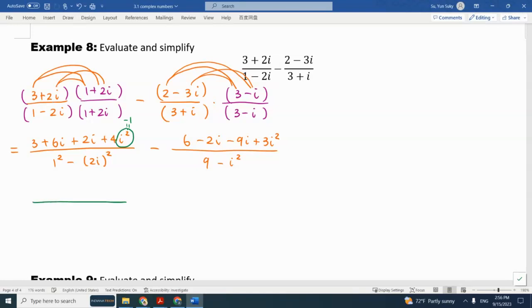So, the top one, we have 3 minus 4. What's 3 minus 4? -1. And what is 6i plus 2i? 8i's, yes. 8i.